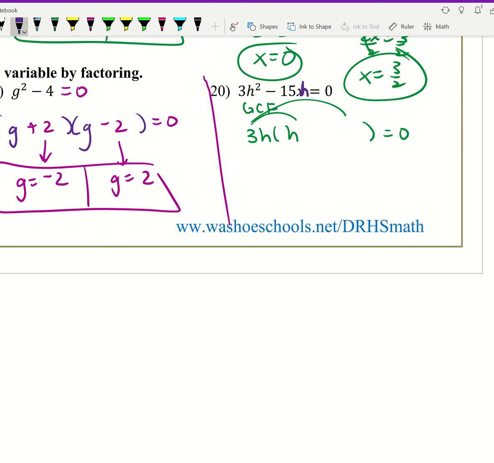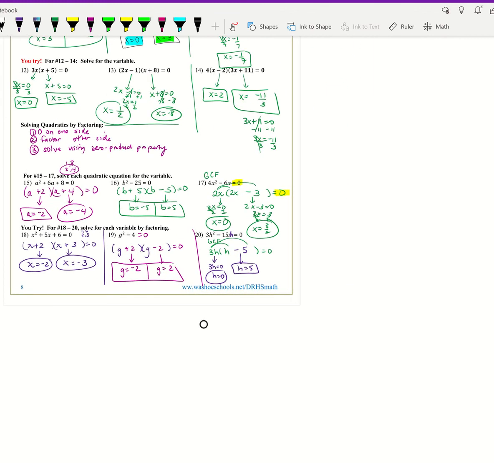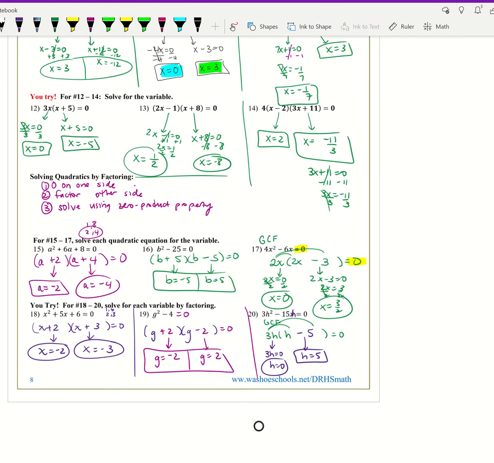I'm so sorry. I apologize. 3H times negative 5 would give you negative 15H. All right, so then 3H would have to equal 0, which makes H equal to 0. And H minus 5 would have to equal 0. So we can just use the additive inverse. And that is the end of our notes for topic number 4.